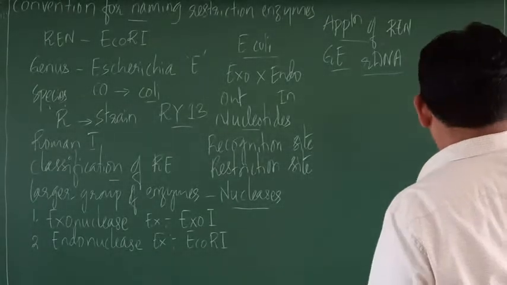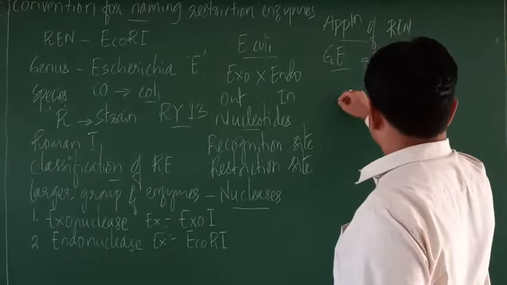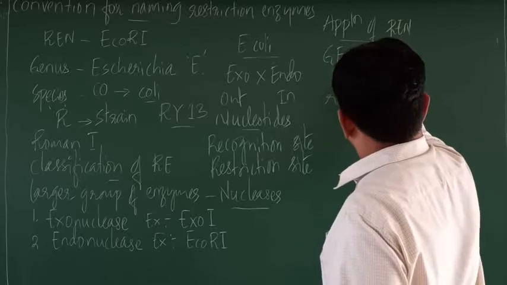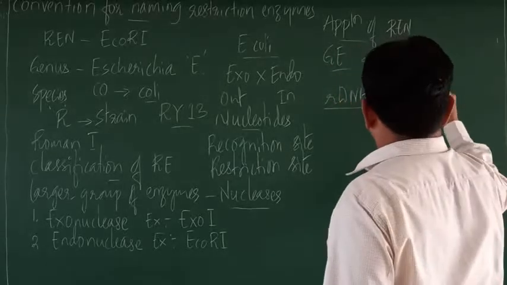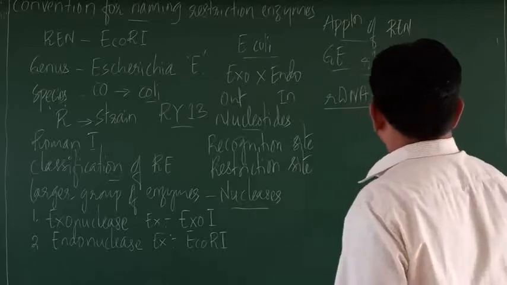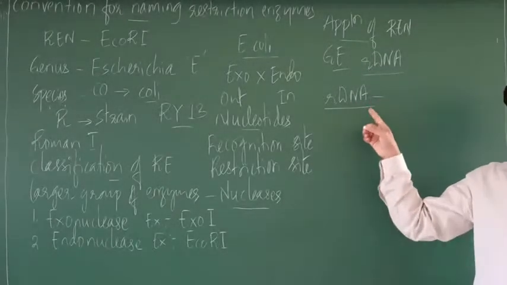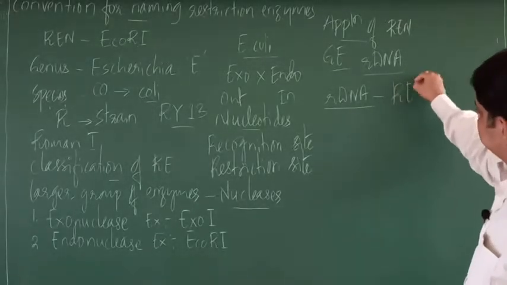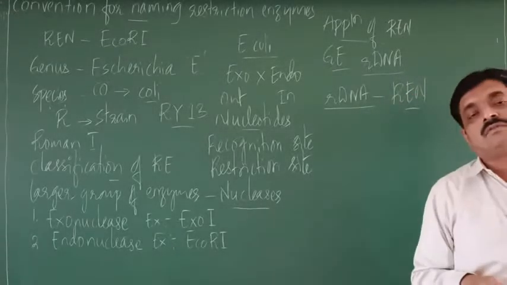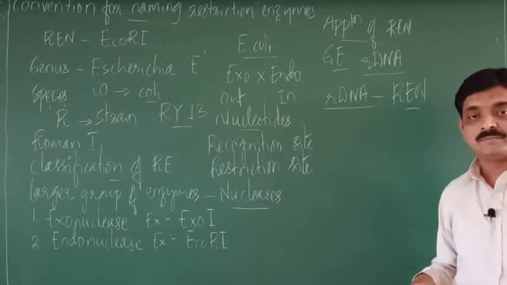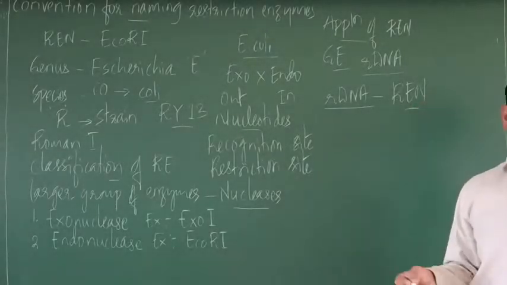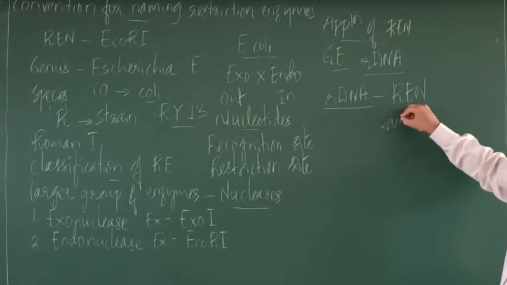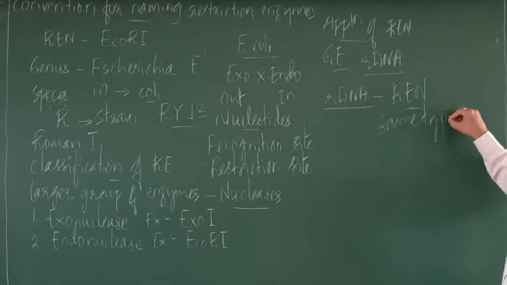The next we will consider: for the construction of recombinant DNA, the REN which is used should be of the same type.